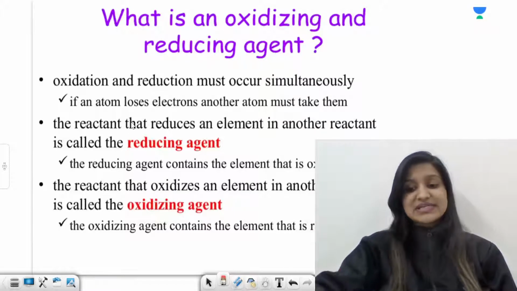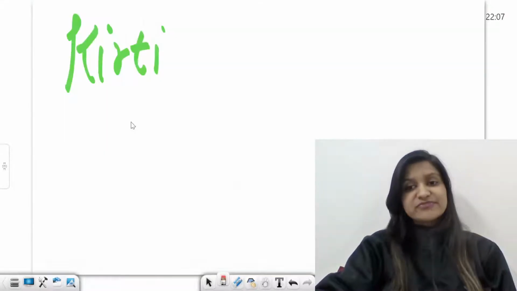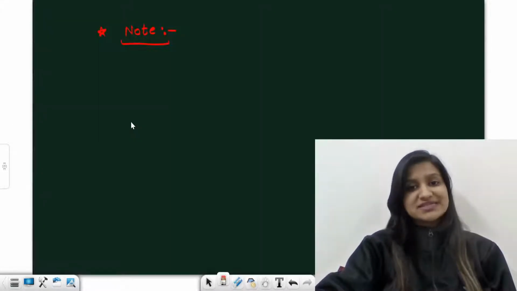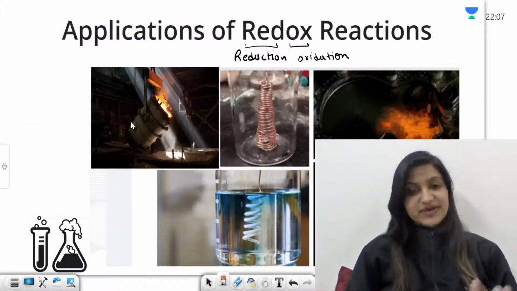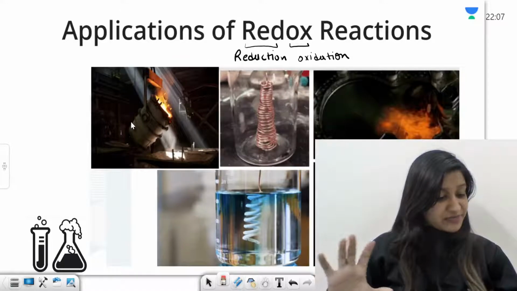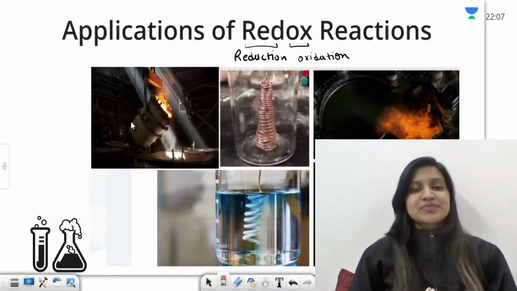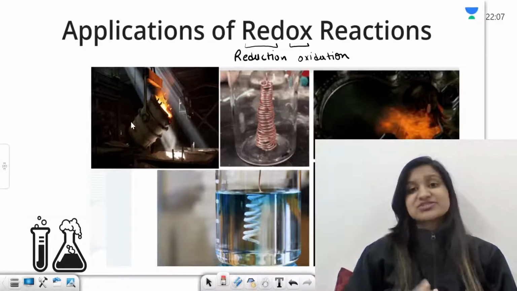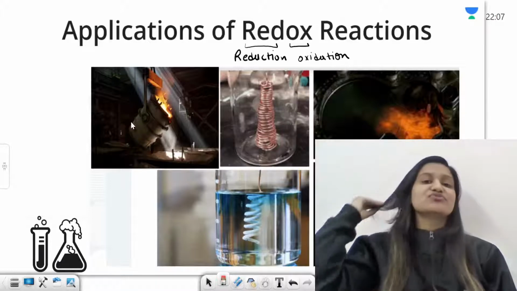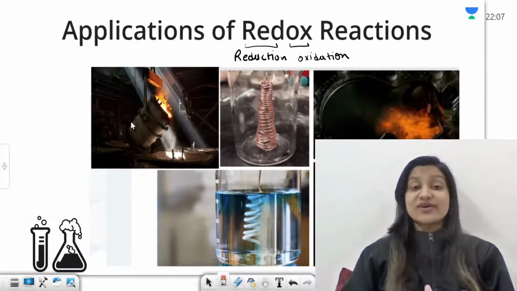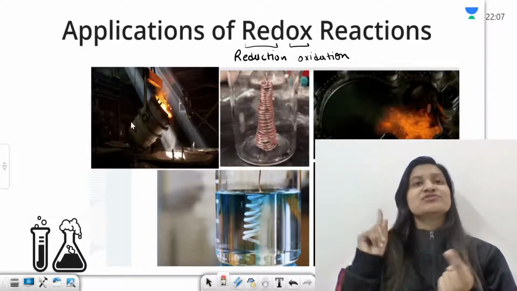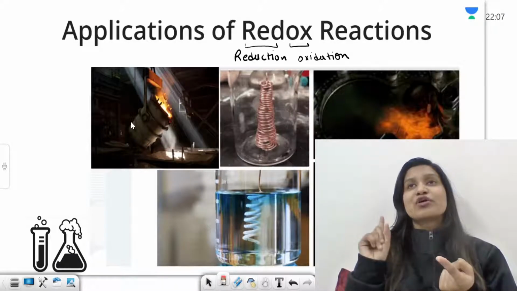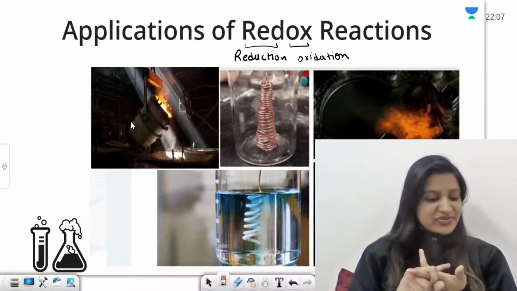Before that, I would like to give you a brief introduction about what we have studied so far in lecture number 1. The very first thing is the applications of redox reactions. We saw that it is used in various processes, whether it's combustion, metallurgy, or normal displacement reactions.